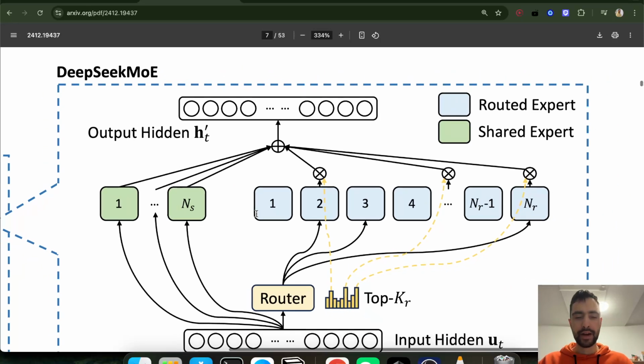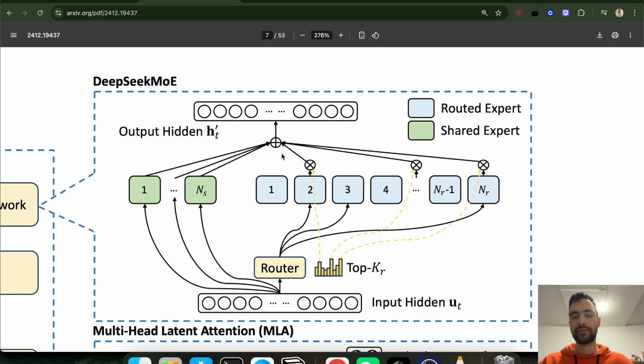So there are maybe 128, for example, different experts, and depending on which embedding you have here, the model will choose experts that are most suitable for that embedding. So if we are solving a mathematical task, the model will choose experts that are best at solving mathematical tasks.